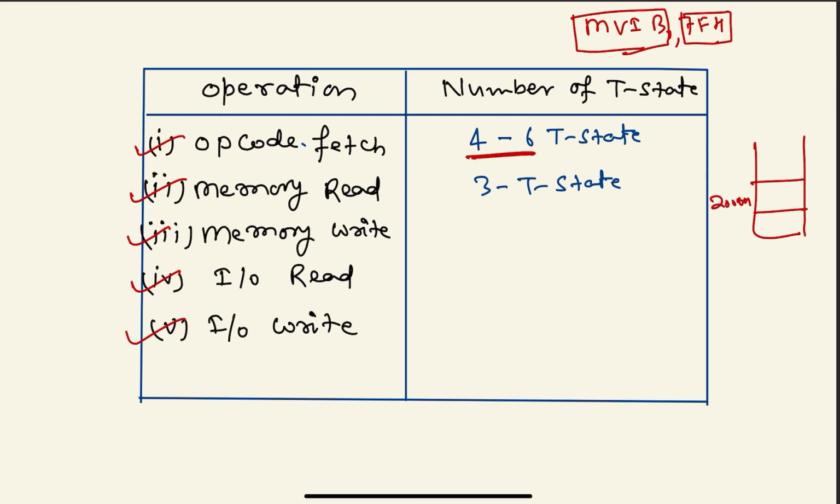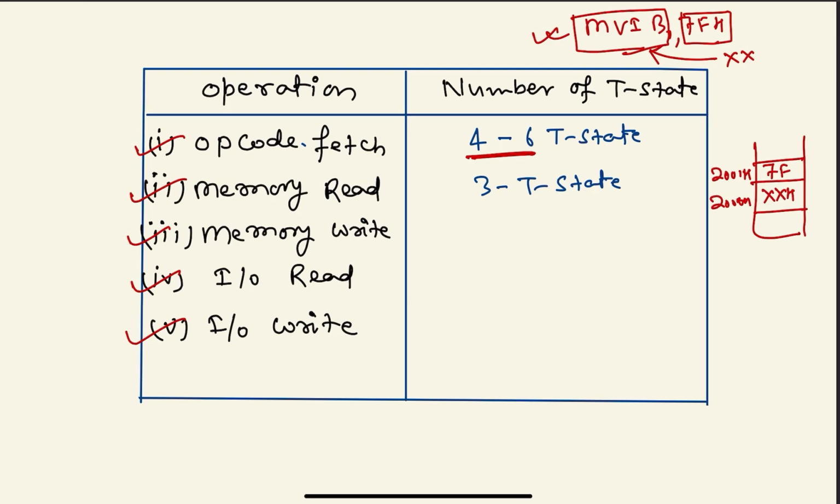At this 2000H we have the opcode for MVI B as XXH, and at 2001 it is stored as 7FH. So whenever the microprocessor is going to execute this instruction MVI B, 7FH, first of all, it will fetch the opcode from the memory, and the opcode is the code which gives the instruction to the processor about what kind of operation has to be performed.